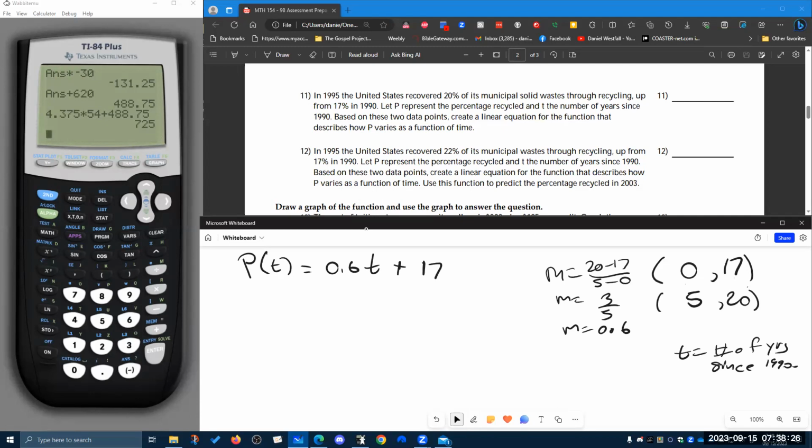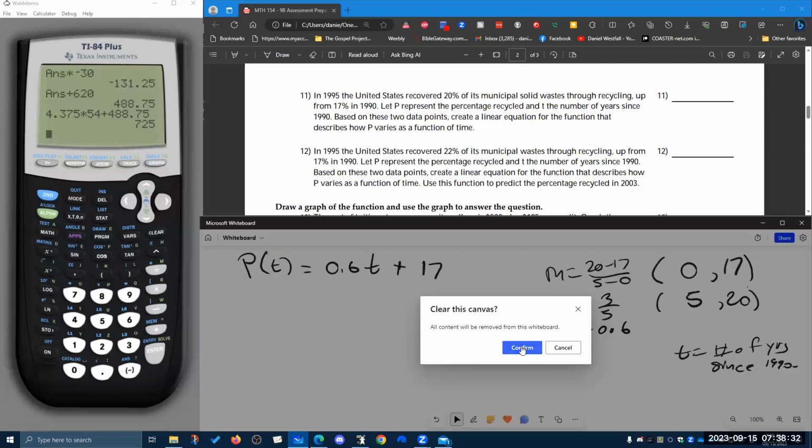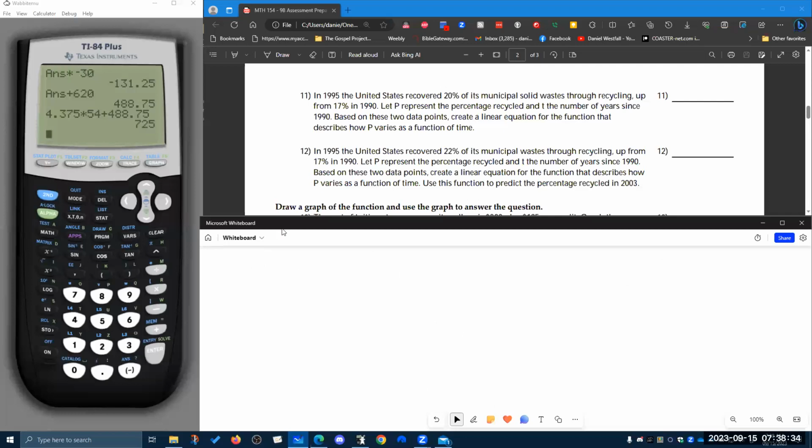It doesn't ask us to estimate anything. Now we're going to change the problem up and we are going to estimate something. So T is going to be the number of years since 1990 again. And we have 5, 22 and we have 0, 17.